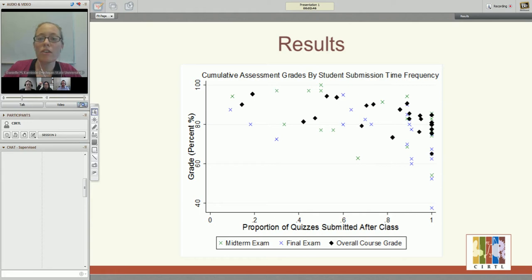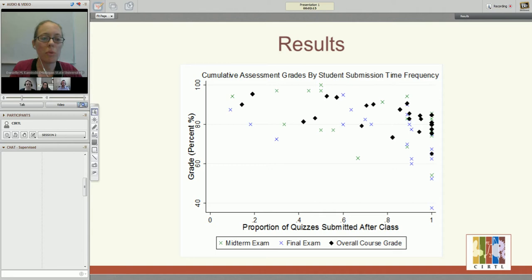Then for the overall course grade, there is a significant correlation when you look at just the simple regressions and simple correlations. However, this effect is very small. So for the two exams, it's about a 2% difference when you move by a 0.1 level change in the proportion of times that you submit after class.